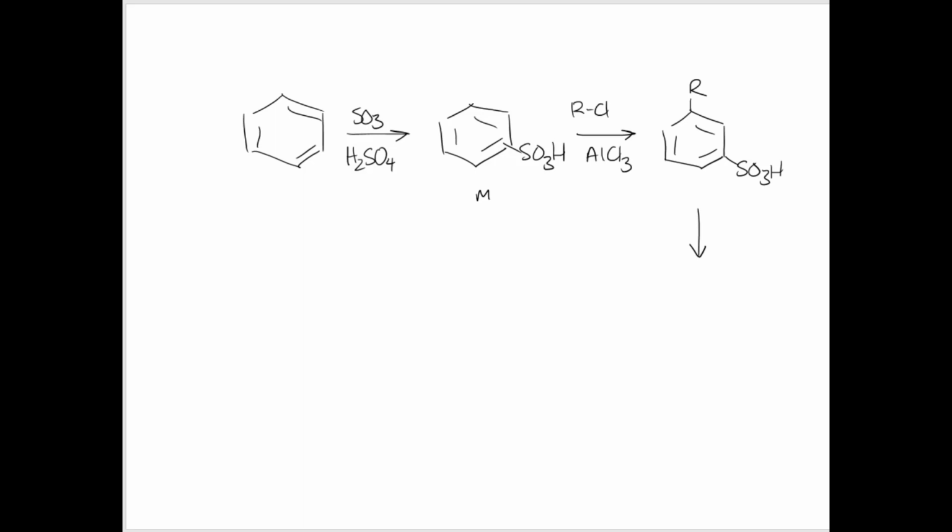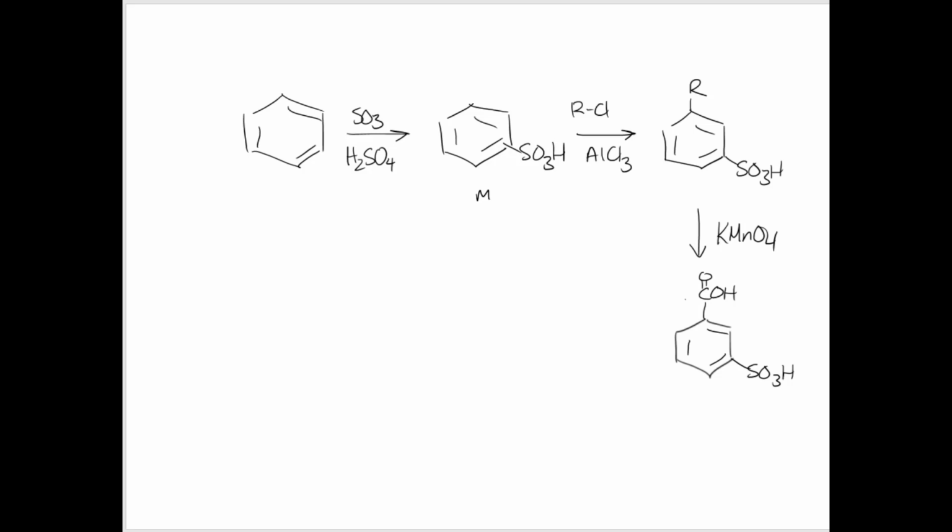And then finally I could use KMnO4 and oxidize the alkyl group to a carboxylic acid. So let me pull that down and then convert that alkyl group into the carboxylic acid.